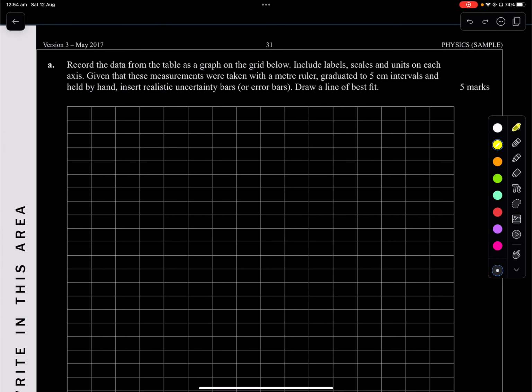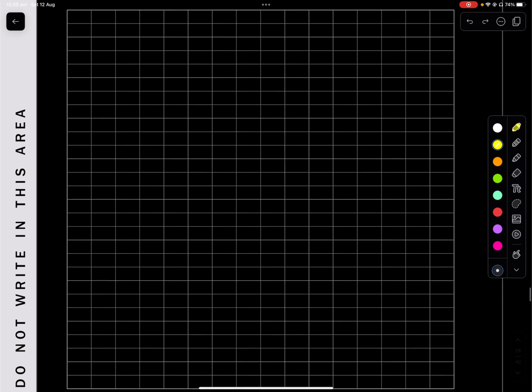Record the data from the table as a graph on the grid below. Include labels, scales, and units on each axis. Given that these measurements were taken with a meter ruler, graduated to 5 centimeters interval, and held by hand, insert realistic uncertainty bars or error bars. Draw a line of best fit. So that's 5 marks.